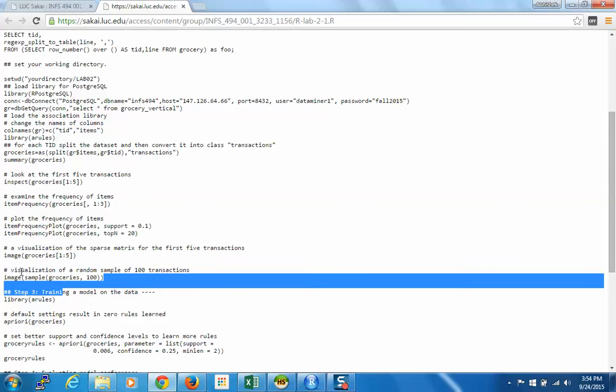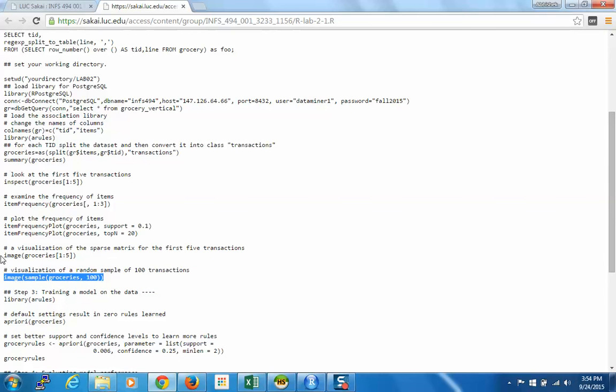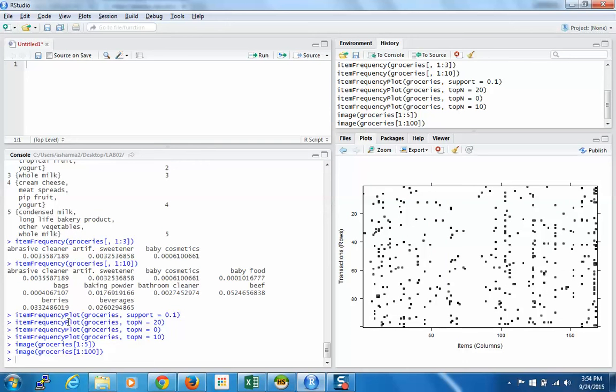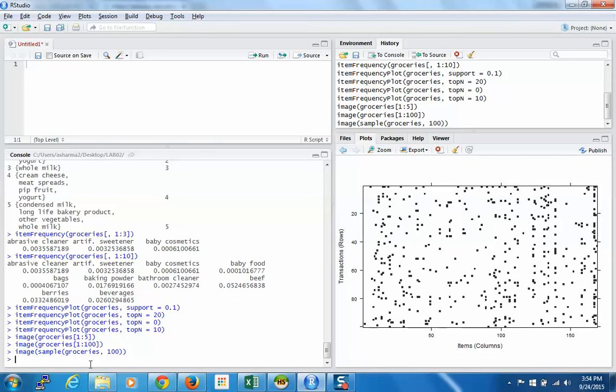Okay, and similarly, I can also draw random samples out of the data, and I can visualize that as well. So here I'm drawing a random sample of 100. 100 is the bucket size, and sample is the command in R that lets you draw samples out of a variable called groceries, and it will take 100 transactions out of groceries at random.